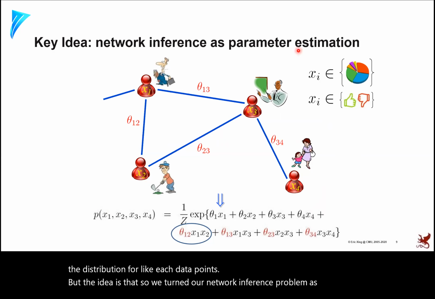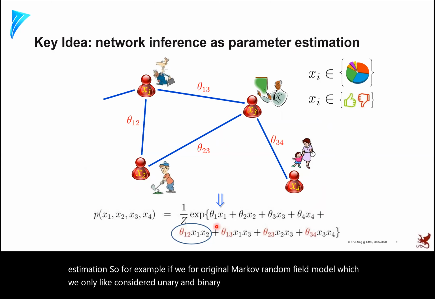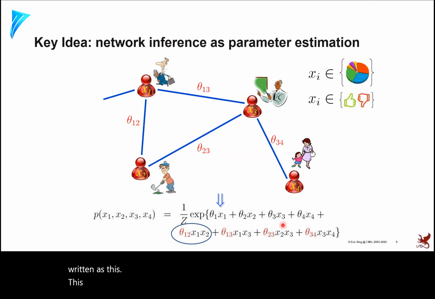For example, for the original Markov random field model, where we only consider the unary and binary interactions, the probability could be written like this. These are all the unary terms, and these are all the binary interactions.